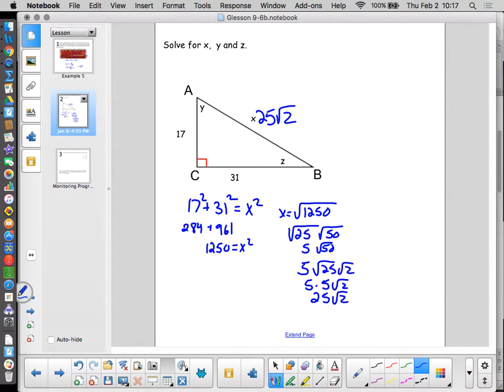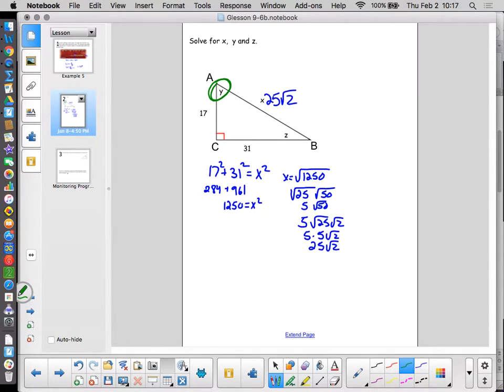Now that I've got that, I can solve for angles y and z. So we have to pick an angle to solve for. Let's pick y. If y is my perspective, this is the hypotenuse, this is the opposite, this is the adjacent. What function am I going to use using my given values?